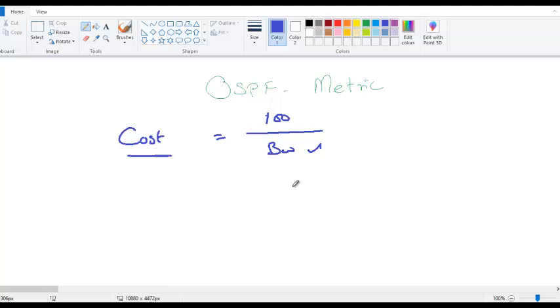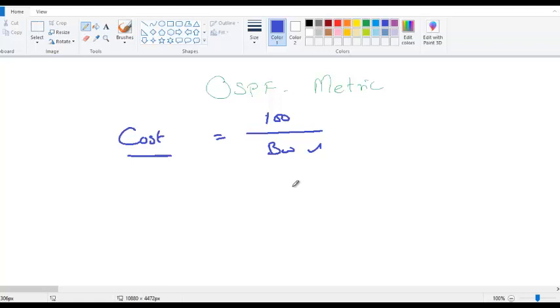Why? You know, there is another protocol which is also a link state routing protocol that will never calculate the metric dynamically. You know which one it is? ISIS.